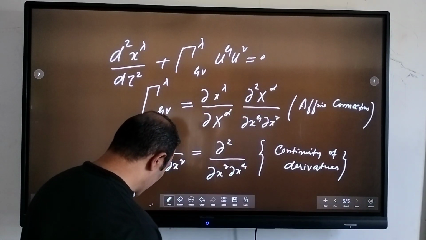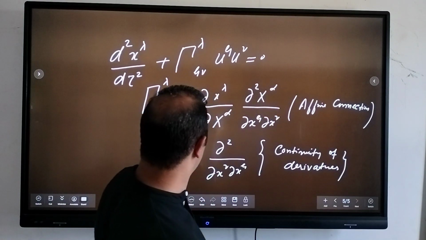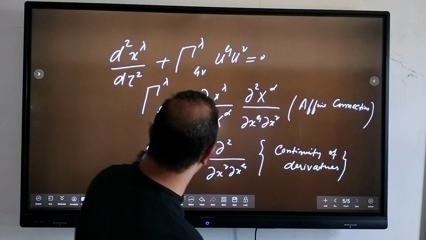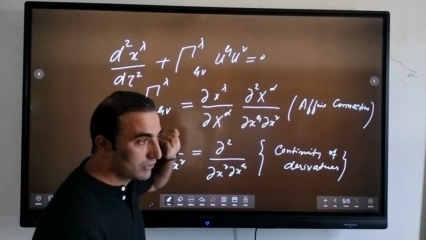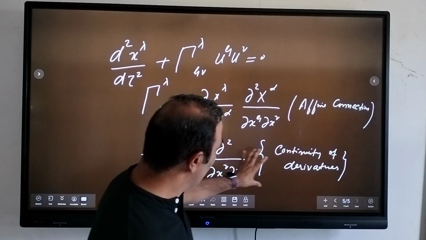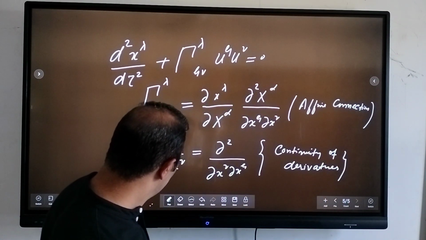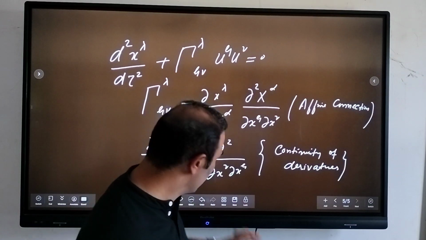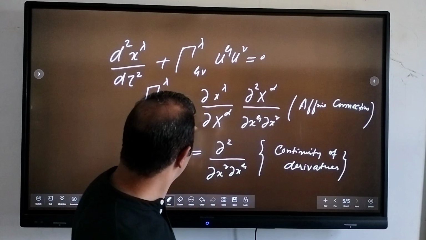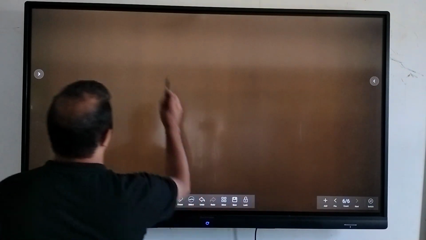So that means this affine connection, gamma lambda mu nu, includes three coordinates, right? The first one corresponds to our old and the others correspond to our new coordinates, right? If we have continuity of derivatives here and I interchange the positions of partial x mu and partial x nu, then this should be symmetric in that case, right?